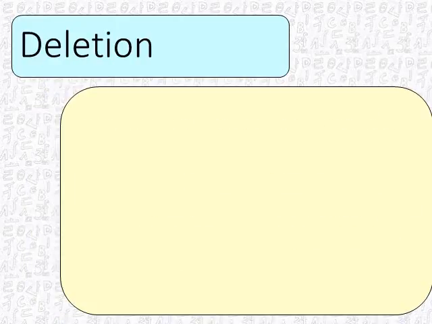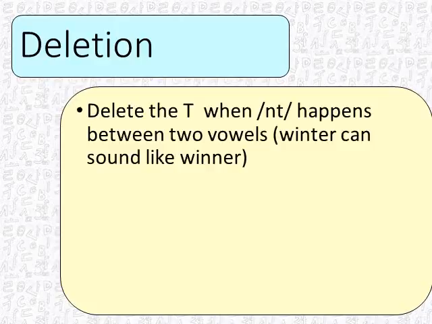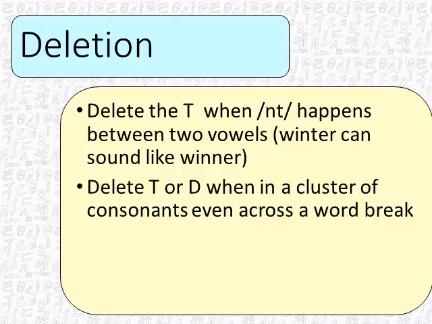Deletion is the next one that we use to solve difficult combinations. For instance, you delete the T in NT when it's between two vowels, like "winter" can turn into "winner." A deleted T or D in the middle of a cluster is even across a word break. So "kindness," N D N, sounds more like "kinness."